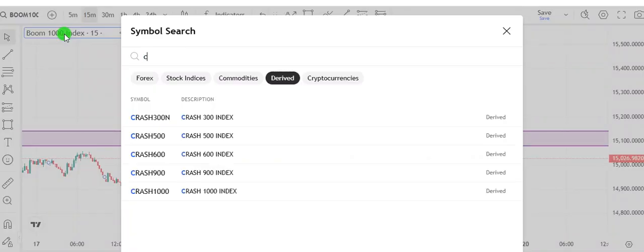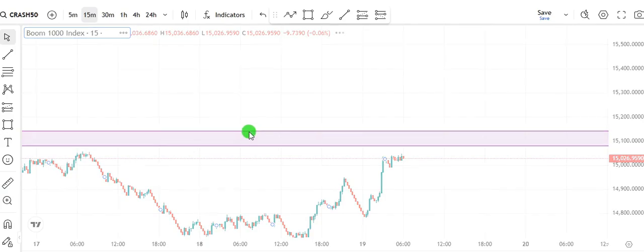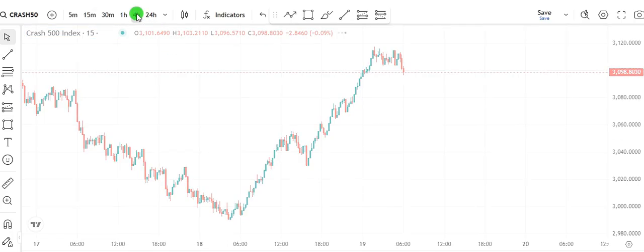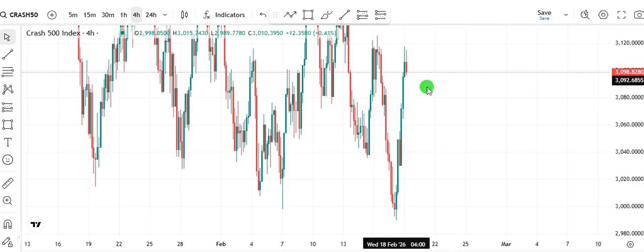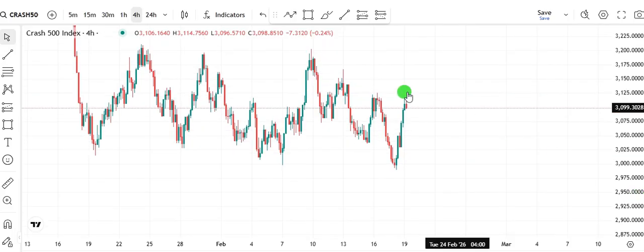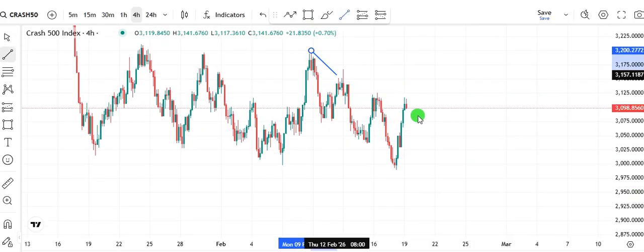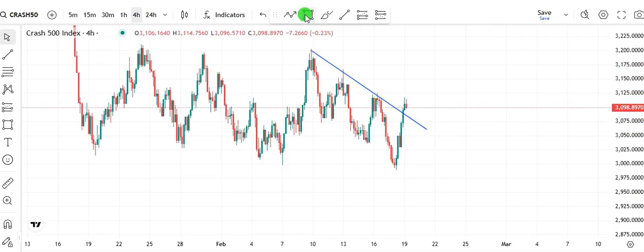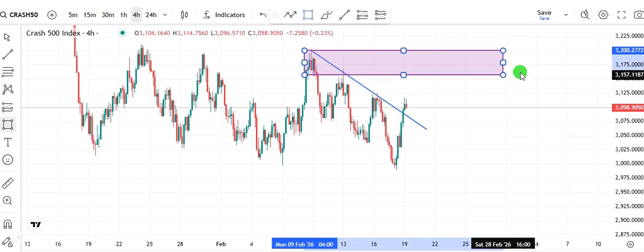So let's go to the Crash indices, of which we are starting off with Crash 500. Crash 500 actually broke above our, what is it called?